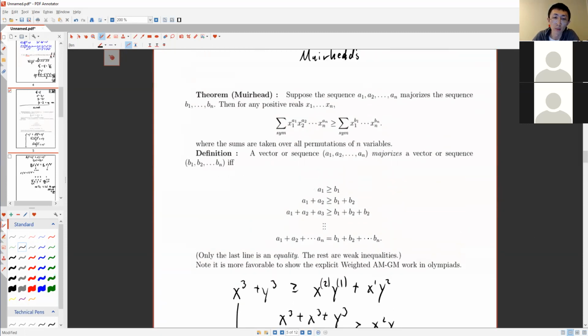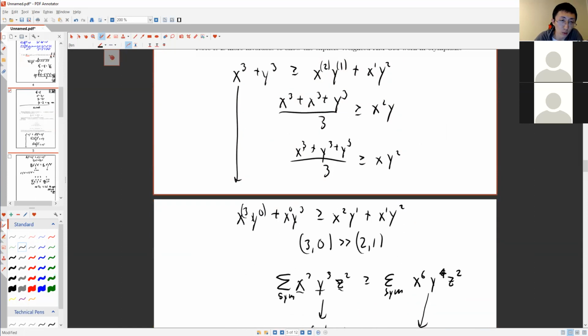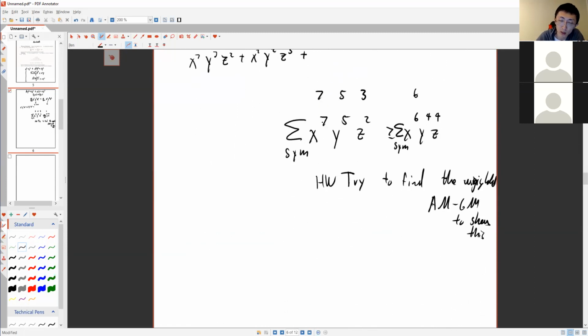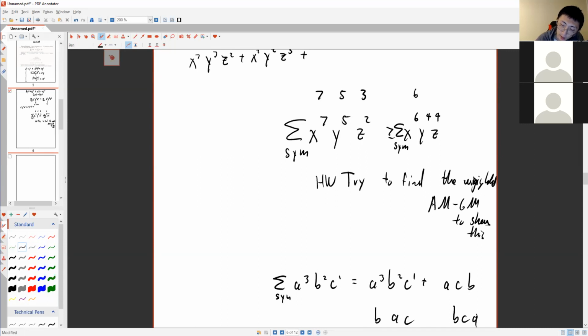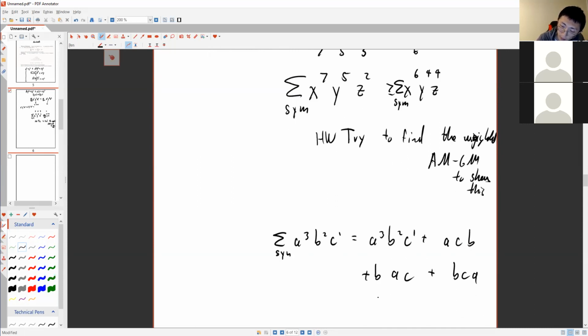Okay, but if we take a look at Muirhead's inequality, there's a question: what do I mean by the 6 permutations? If you have something like a cubed b squared c to the first, and you do a symmetric sum over it, this just means a, c, b; b, a, c; b, c, a; c, a, b; c, b, a, and you take them to the same powers, 3, 2, 1.